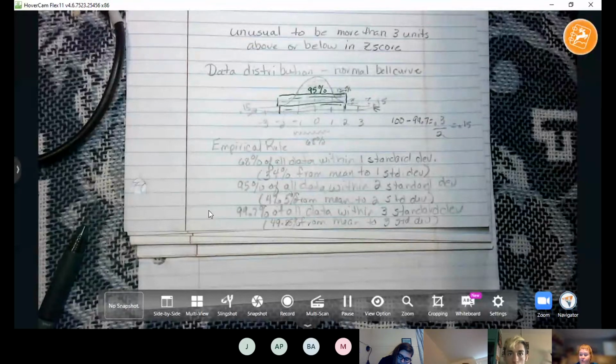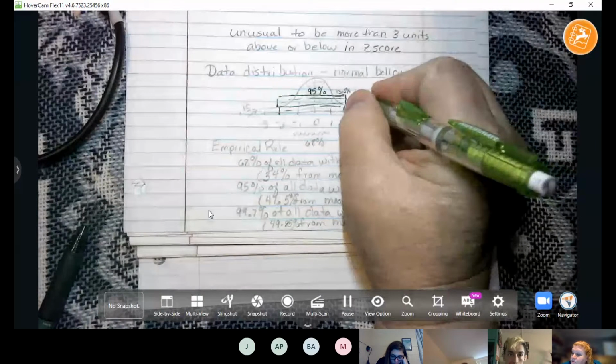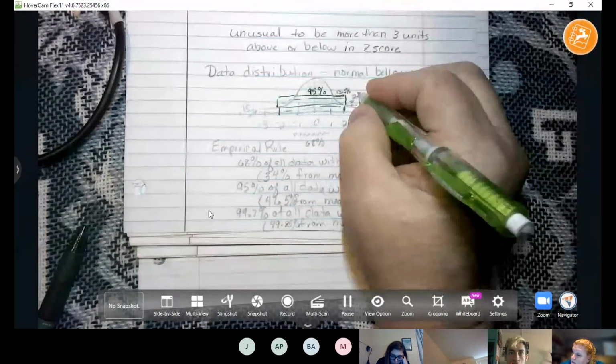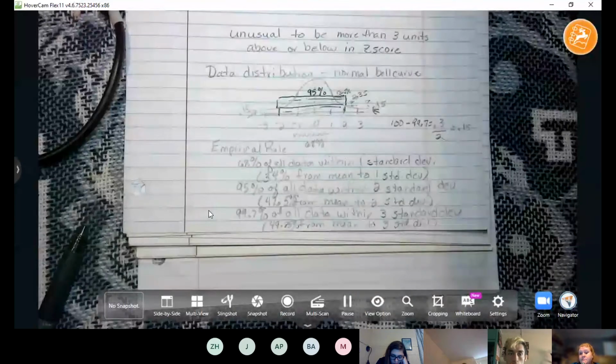Or would we just take 47.5 and subtract it from 49.85? That gives us 2.35 for that little section.